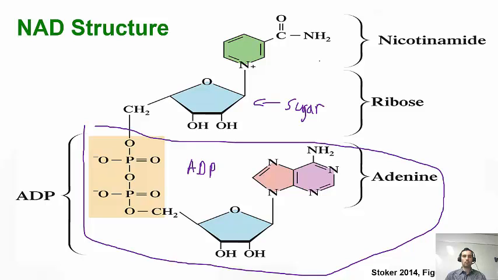And the last part of our NAD is the component that's derived from our vitamin B3, niacin, and that's our nicotinamide. The nicotinamide contains two different functional groups. We've got the amide functional group up the top here, and then we've also got an amine in the ring structure here.